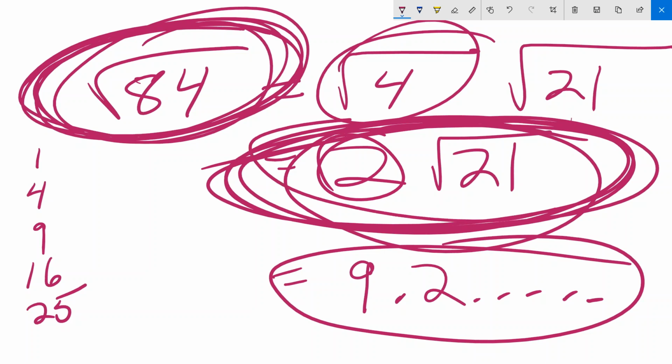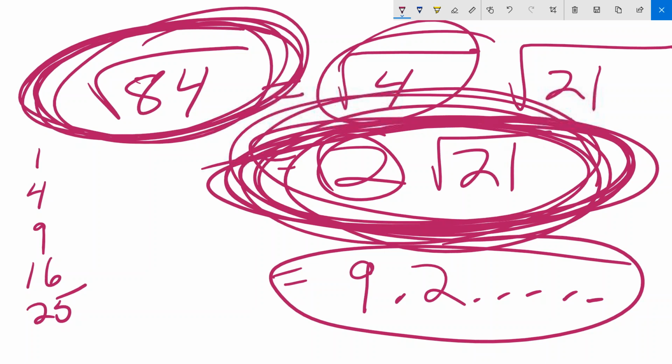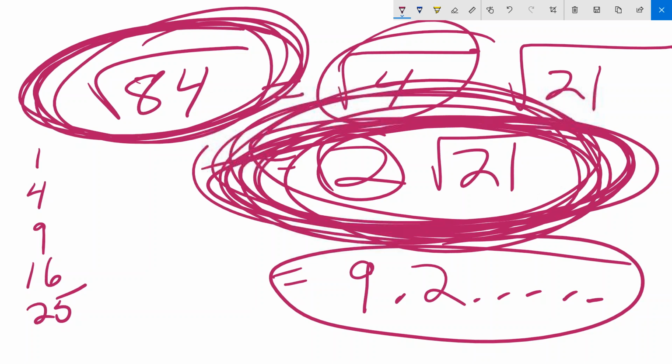So that's your perfect answer to root 84. Now, if your teacher says, give me it rounded to the nearest thousandth, then it's going to be this kind of answer, and you might get that for another few weeks. But it won't be long before they want their answers left in radical format.